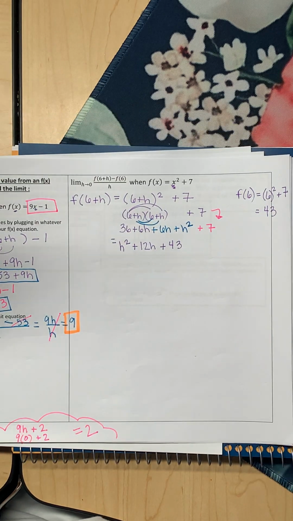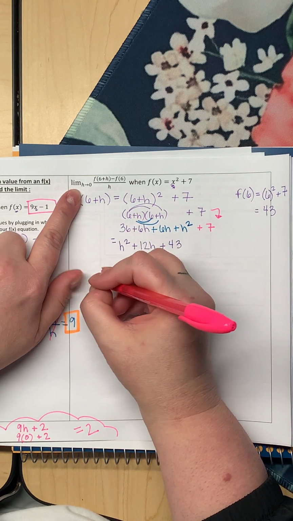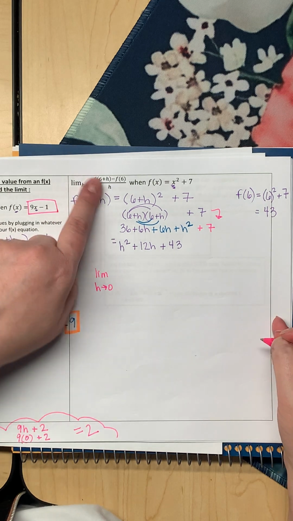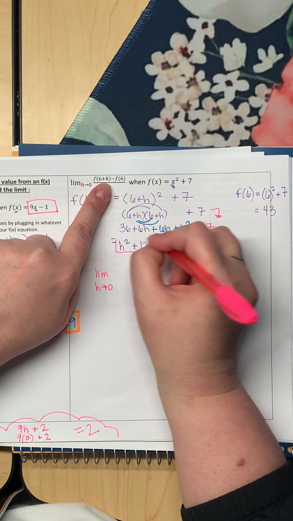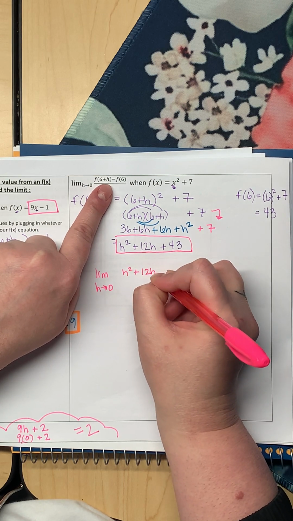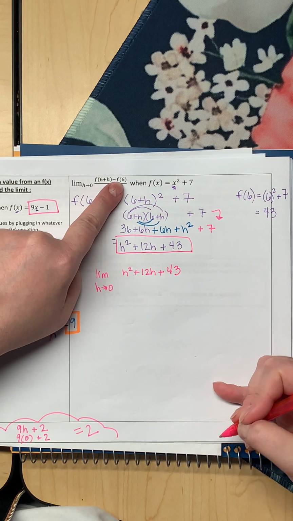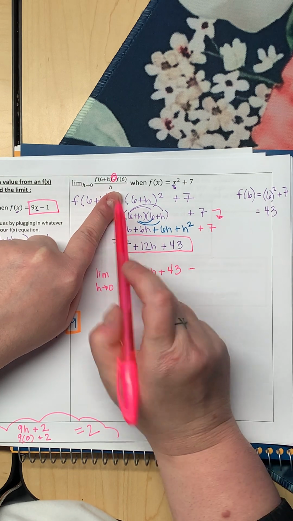Okay, so now let's put this into this limit formula. The limit formula says limit h approaches 0 f of 6 plus h, that's that thing we got with the squared in it. So I'm just going to go ahead and write it down. Then it says minus f of 6.